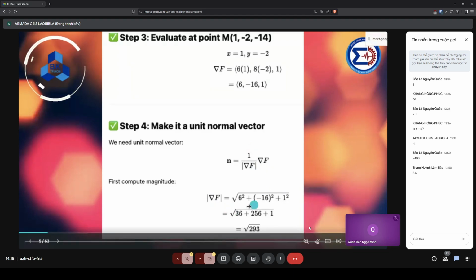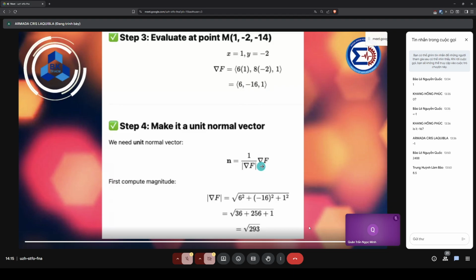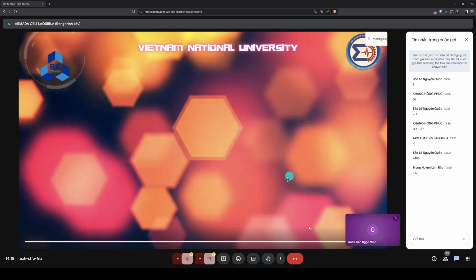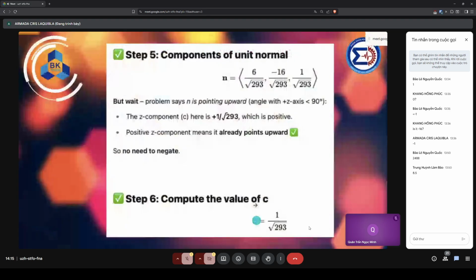For the absolute value of your del f, just square the three numbers there: 6 squared plus -16 squared plus 1 squared. So we have 36 plus 256 plus 1, so the square root of 293, and you divide your del f by this. So divide that into the numbers there, and we can solve this.